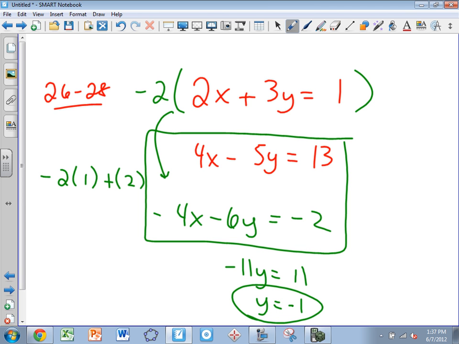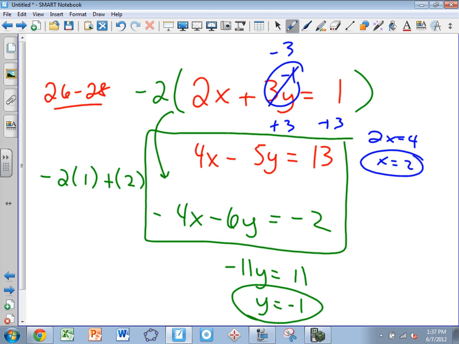So if I take the -1 and plug it in right here, this will become -3. I'm going to then move the -3 over by adding 3 to both sides. So I'm going to get 2x equals 4, so x equals 2. So my solution is simply 2 and -1. If I were to write it as an ordered pair, my solution would be (2, -1).